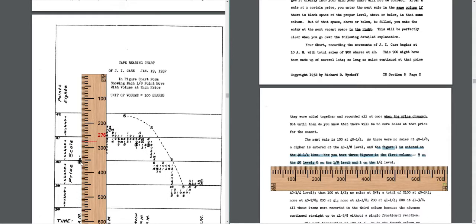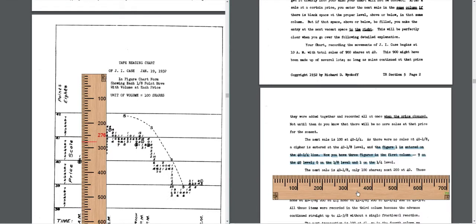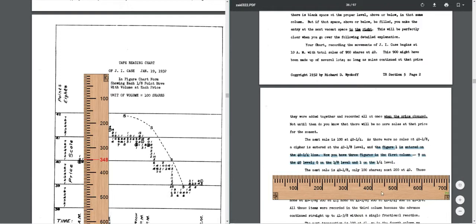All he's saying is 900 at 40 and then 100 at 40 and 2/8. The next sale is 40 and 1/8 and only 100 shares traded. Right there is 40 and 1/8. So it went down and 100 traded.